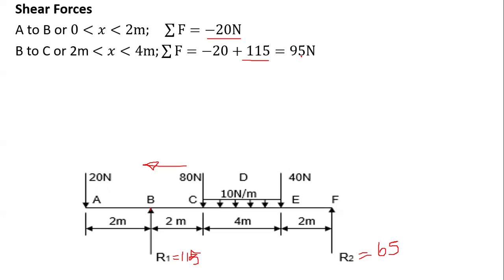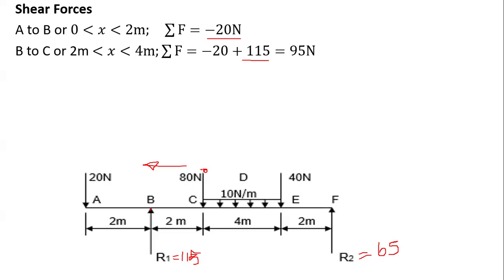Then at the same time, I'm now going into the UDL. The UDL is tricky because it's not at one point. It's spread across the whole of that distance. So when you're entering the UDL and you have a point load, you respect it. You say first, just after point C, meaning that we expect to see two answers for point C because we're transitioning, just entering into the UDL.